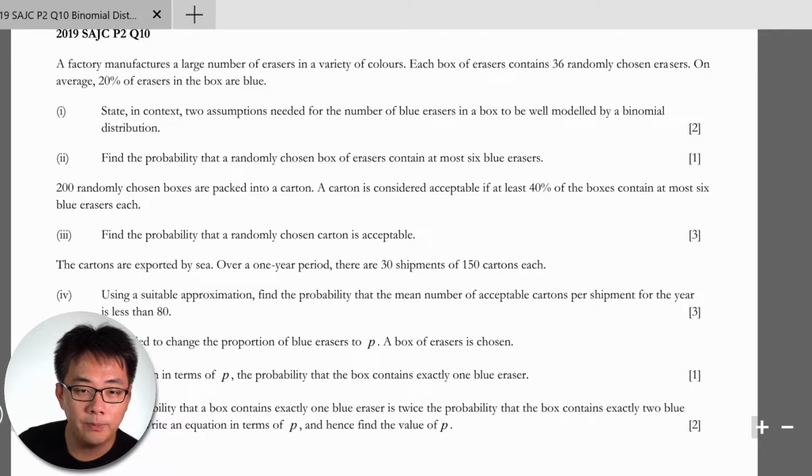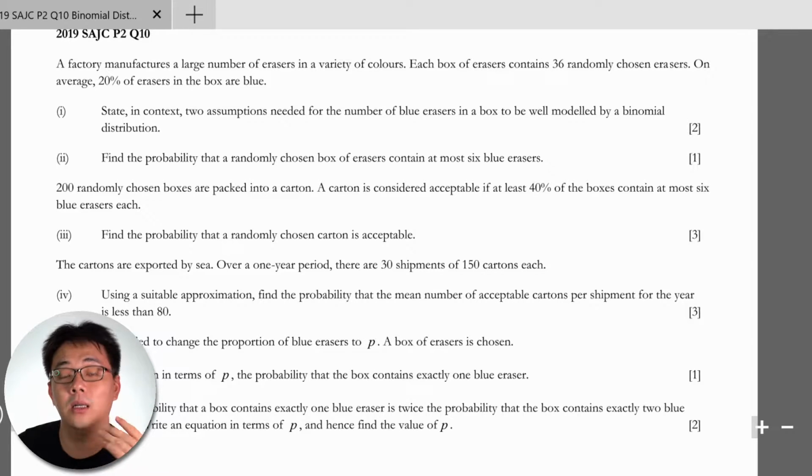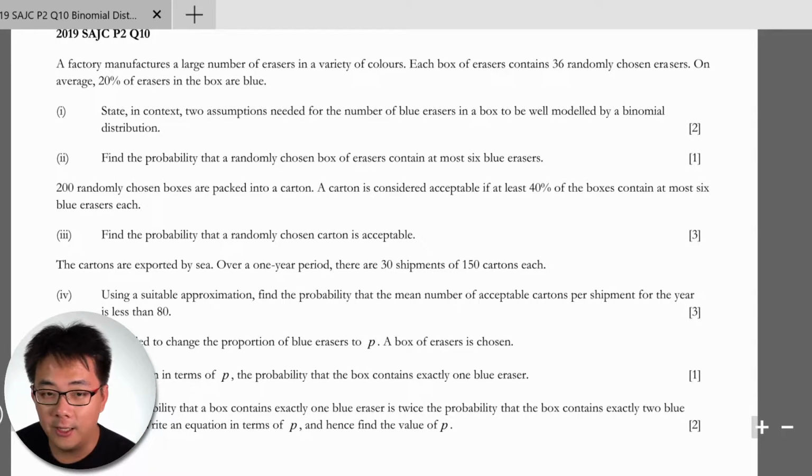So the variety of colors, right? Each eraser, the chance of the color is independent of another. So the chance of the eraser being blue is independent of another eraser being blue, and also there's a fixed number of erasers in the box, which is 36, and they are mutually exclusive events. So whether you are blue or not.